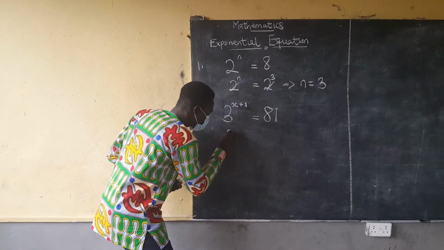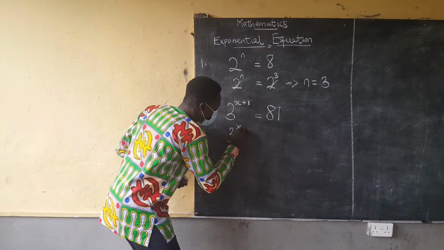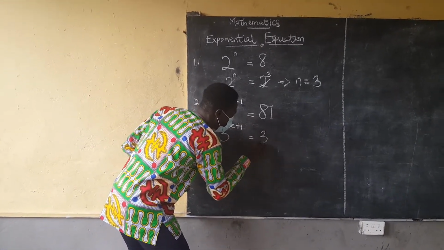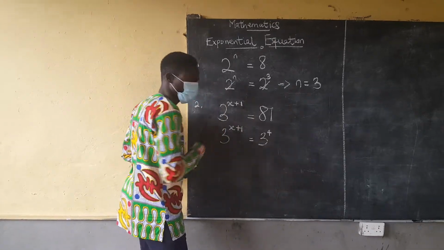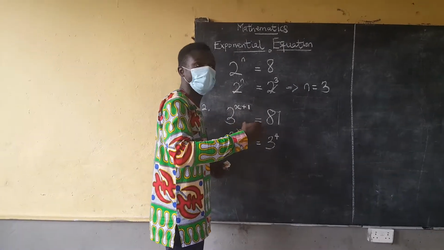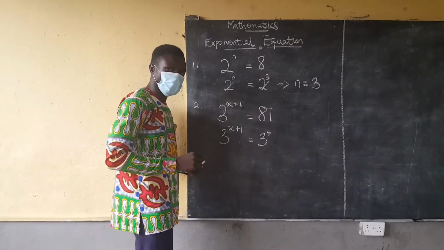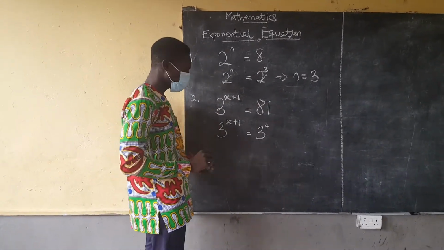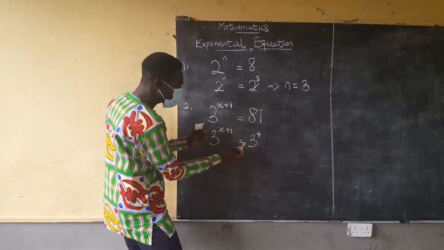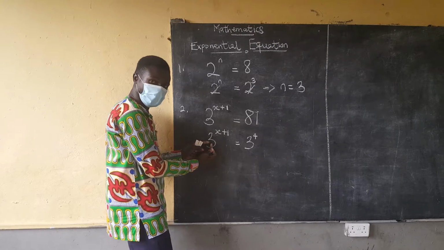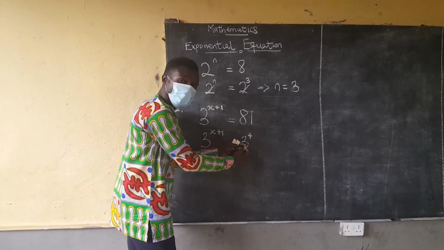So this will give me 3 raised to the power x plus 1 is equal to 3 raised to the power 4. It means 3 will multiply itself 4 times to give us 81. The base here is 3 and the base here is also 3.